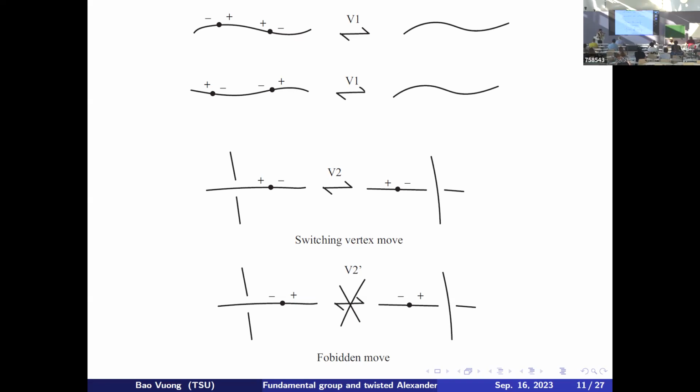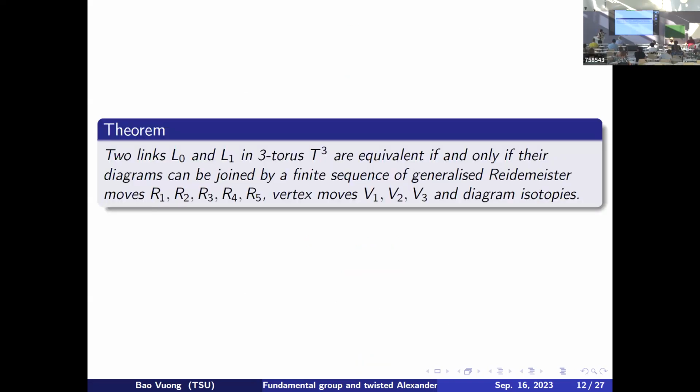Okay, it is just a formalization of the projection. And the theorem says that two knots embedded in the three-dimensional torus are the same if we can join the two diagrams of the links by the Reidemeister moves and the vertex moves.